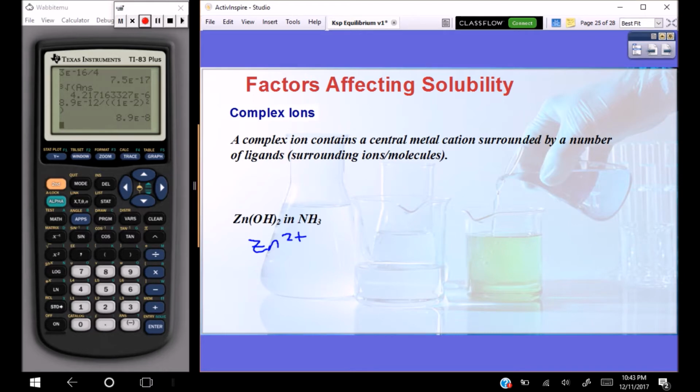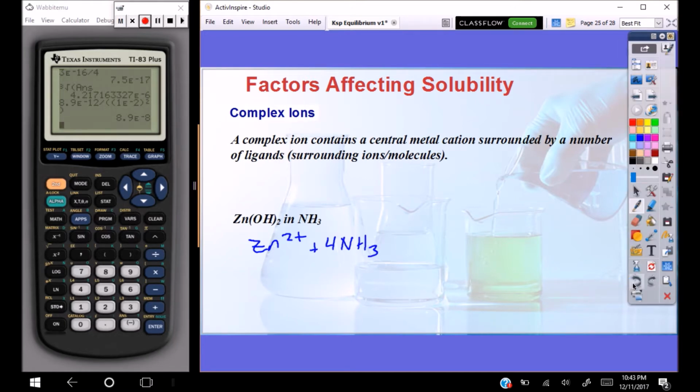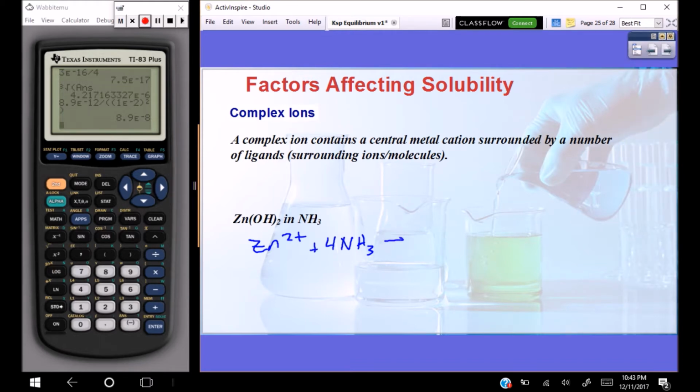We care about the zinc 2 plus. Zinc 2 plus can covalently bond with four NH3 molecules to form our complex ion. It would look like this: Zn(NH3) with a 4 on the outside, and then our 2 plus charge. So this is our complex ion.